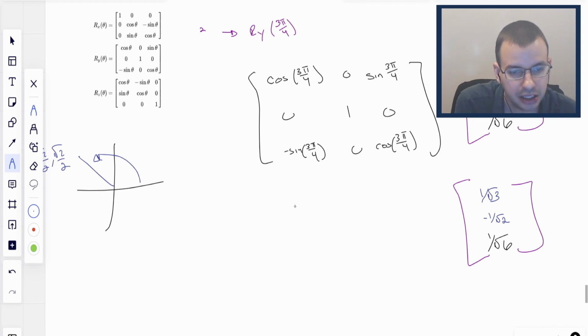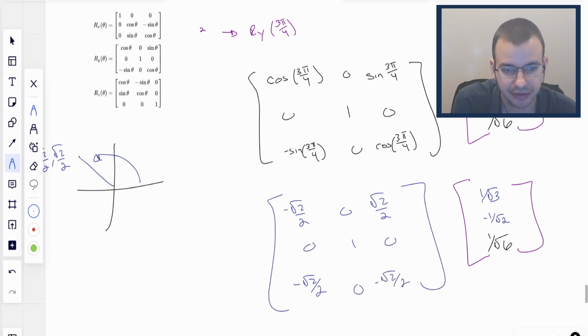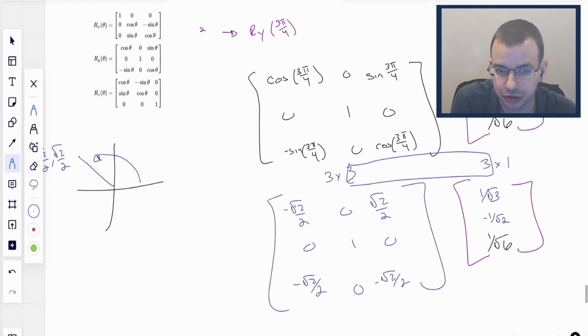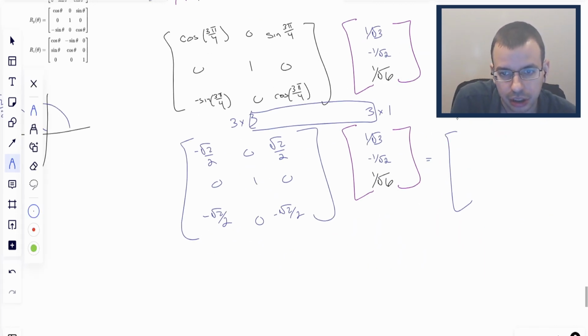So this is going to be negative square root of 2 over 2, 0, square root of 2 over 2, 0, 1, 0, negative square root of 2 over 2, because negative of the positive, 0, negative square root of 2 over 2. And again, we have a 3 by 3 matrix times a 3 by 1. The middle numbers are the same, so we can do it, and it's going to result in a 3 by 1 matrix.